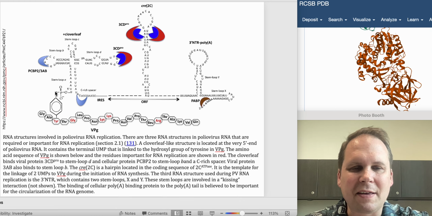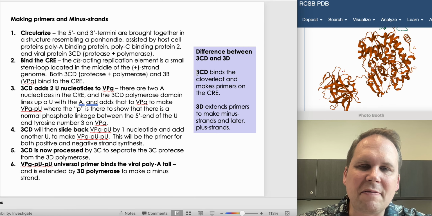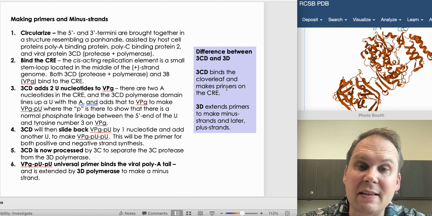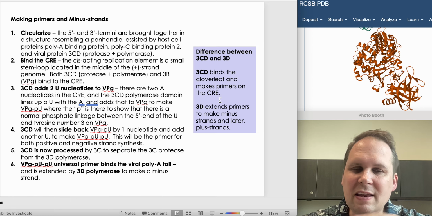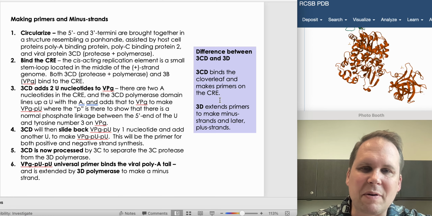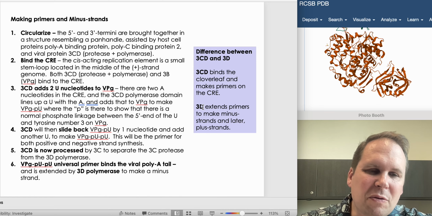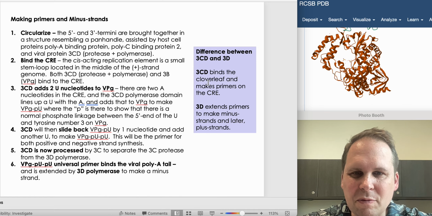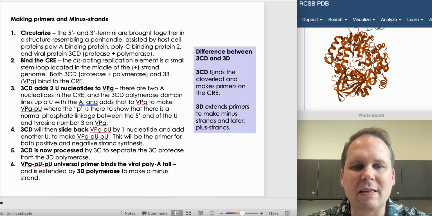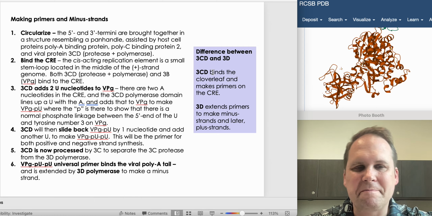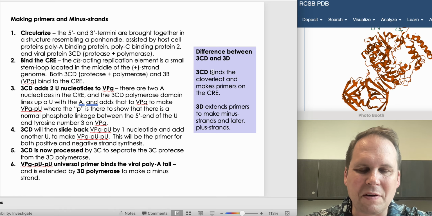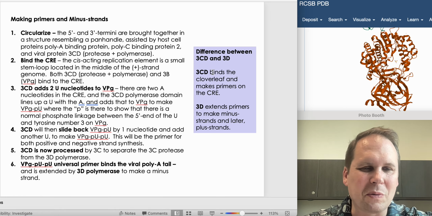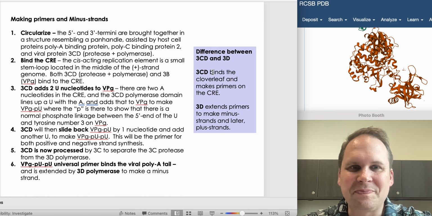Right now I think we can definitely say that 3CD binds to the cloverleaf and helps to make primers. And we know that 3D definitely extends the primers. We're not sure if 3D also has a little bit of a role in helping to make the primers. So that's the little open question that's here, but it's not too big an open question as they come.